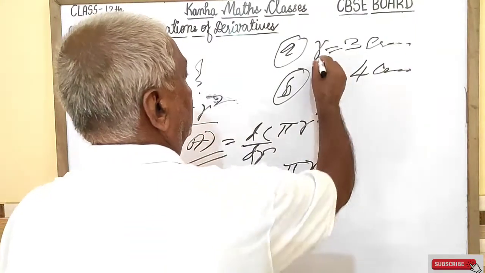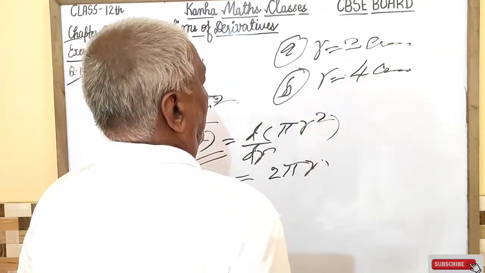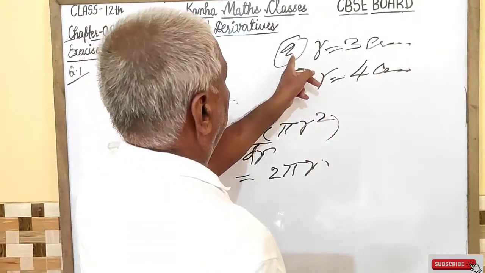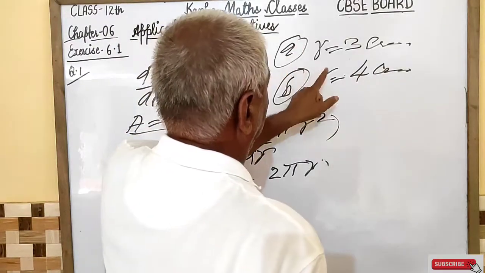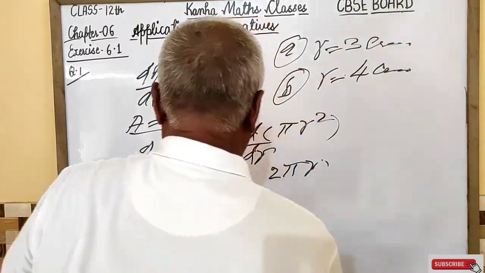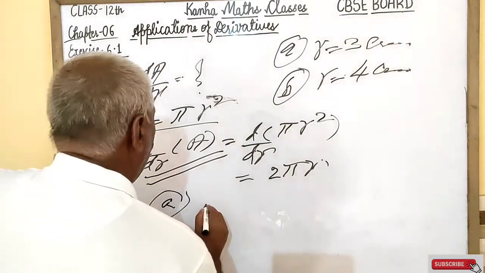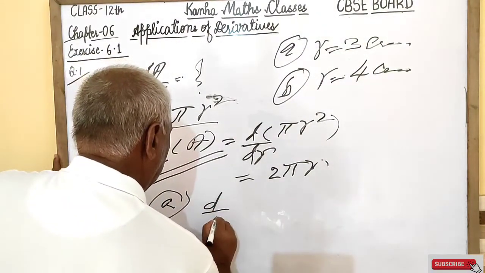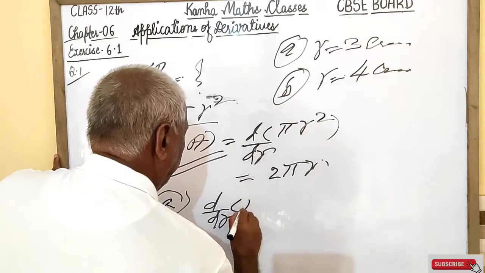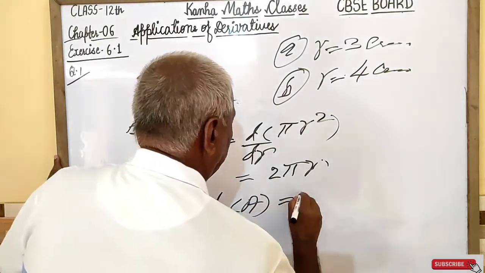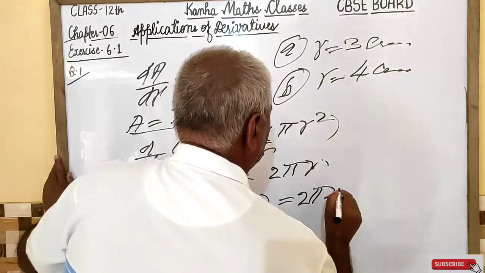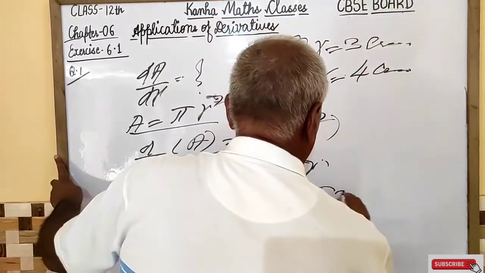And if we put, from the given question part A, r equal to 3, then d by dr of A will be equal to 2 pi into r, with r equal to 3.